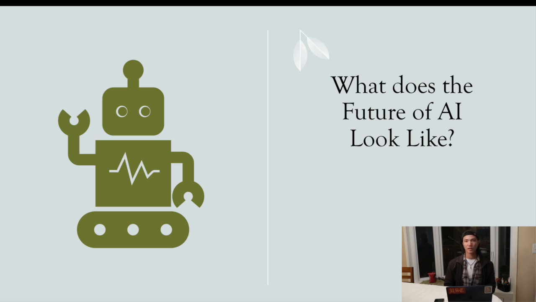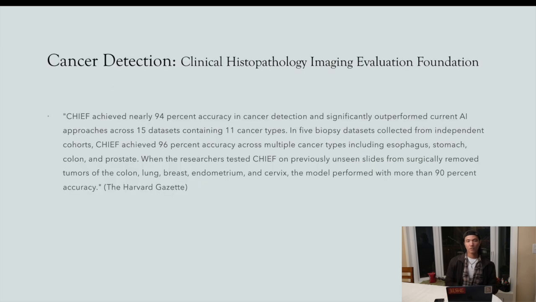As we know already, its doubling rate is 6 months. So we see it coming rapidly soon into new endeavors. One such idea that we're discovering right now is how it can be used for cancer detection. There is a company that is making a machine known as Clinical Histopathology Imaging Evaluation Foundation, and the acronym of which is called CHIEF.